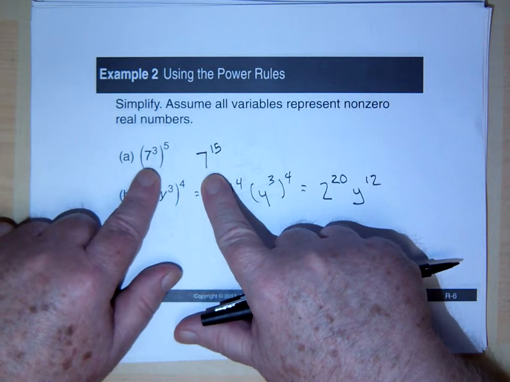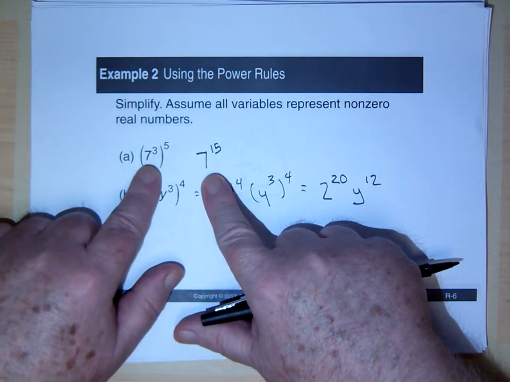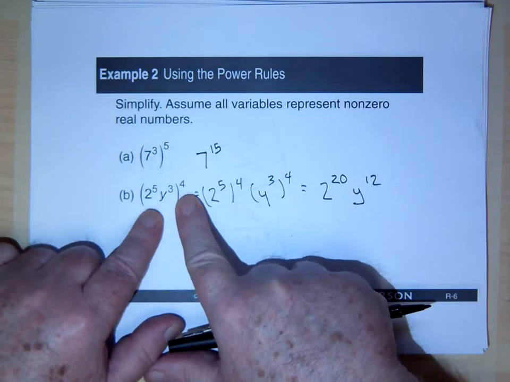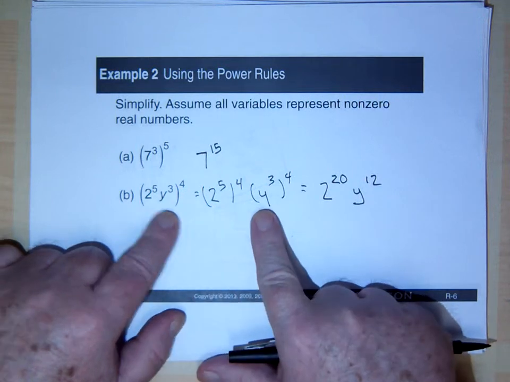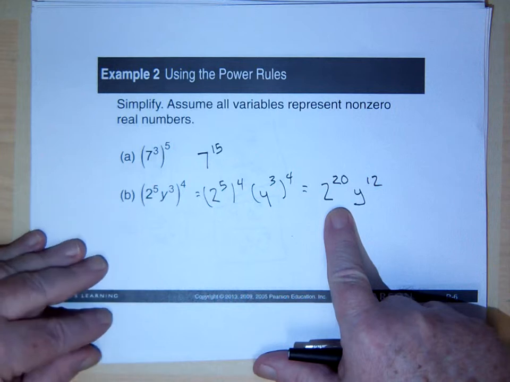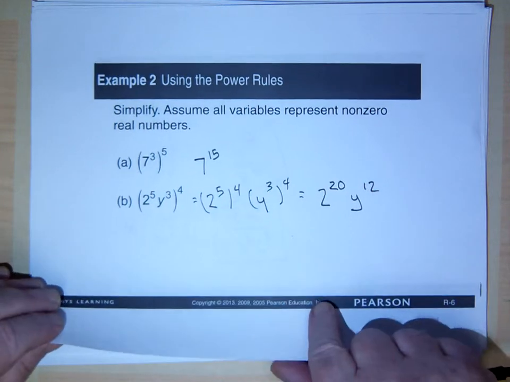Here the base 7 cubed is raised to the 5th power, and so you're going to multiply exponents and you'll get 15. Down here you apply the exponent of 4 to both factors, and 2 to the 20th times y to the 12th.